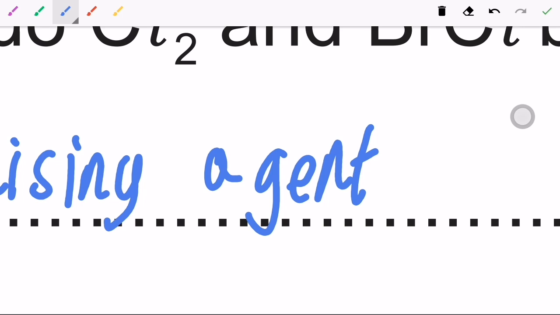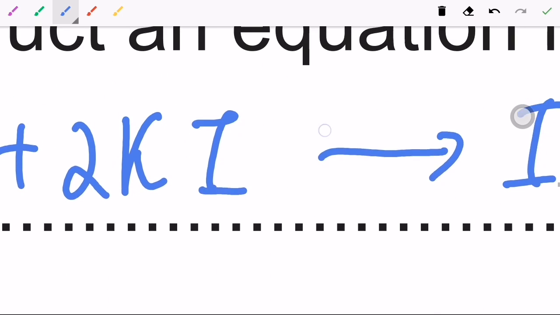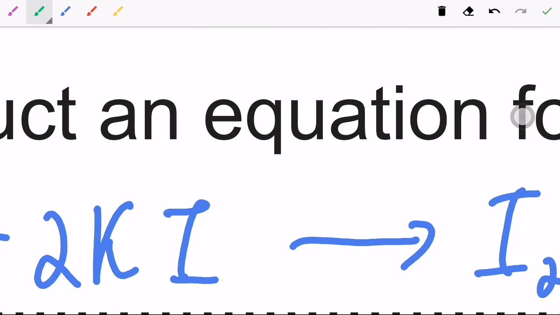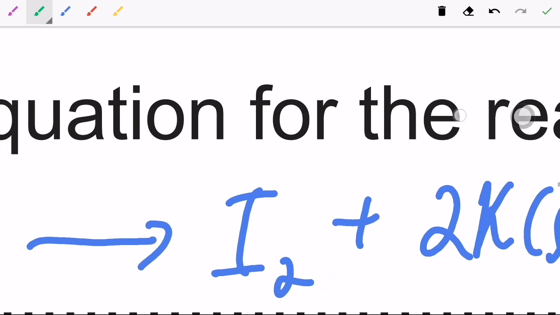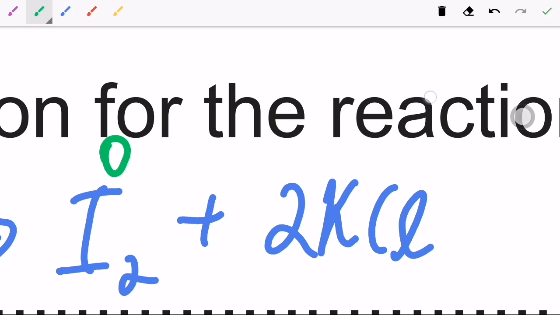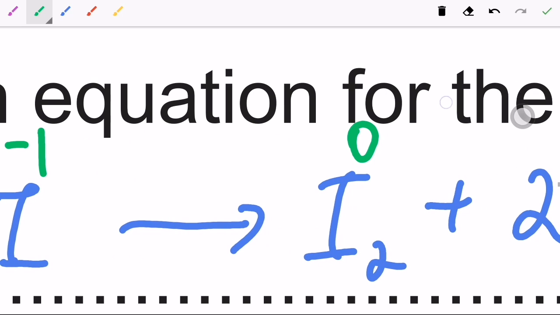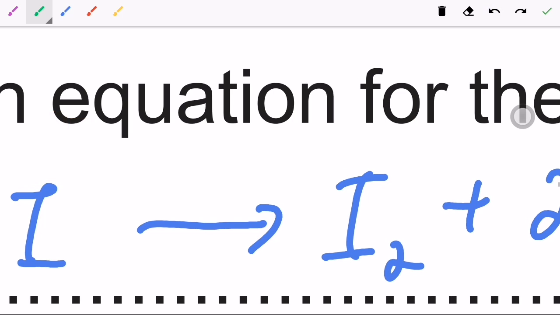Take the simple example of iodine: originally it has a charge of -1, and when it goes here it has a charge of 0. So iodine is being oxidized, which means the other thing must be being reduced. So you can say this is a redox reaction.